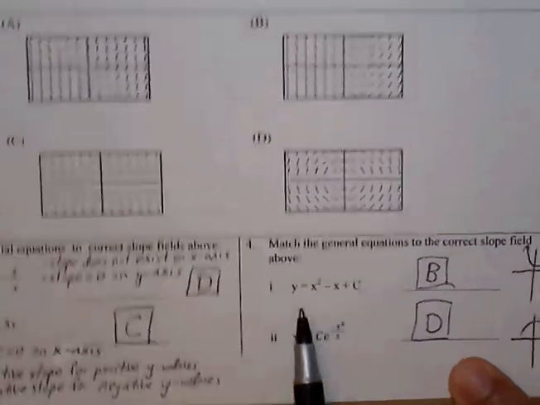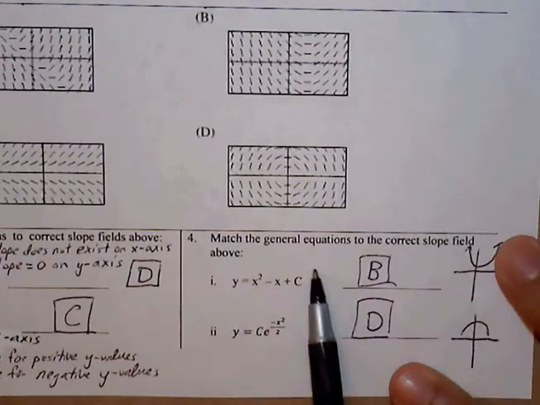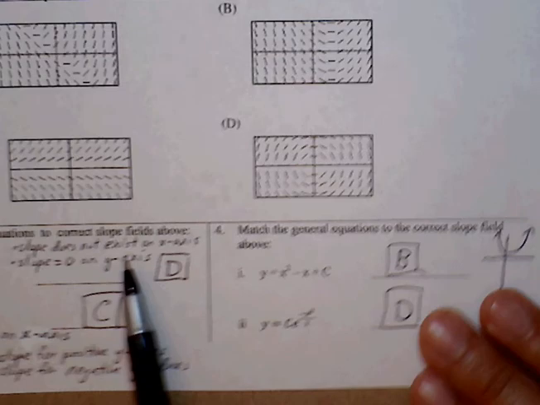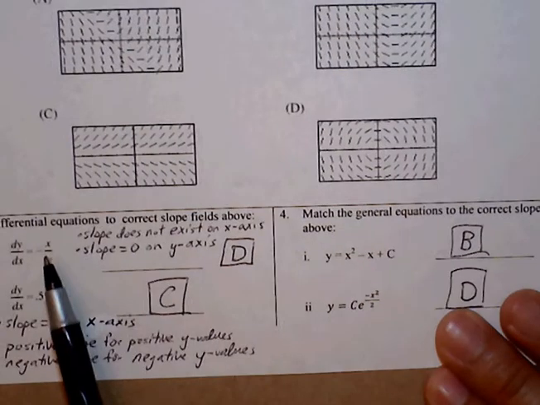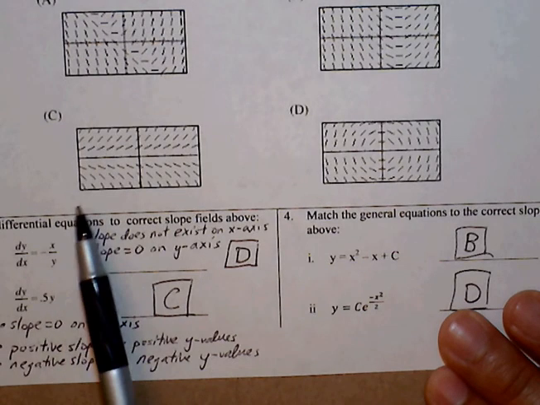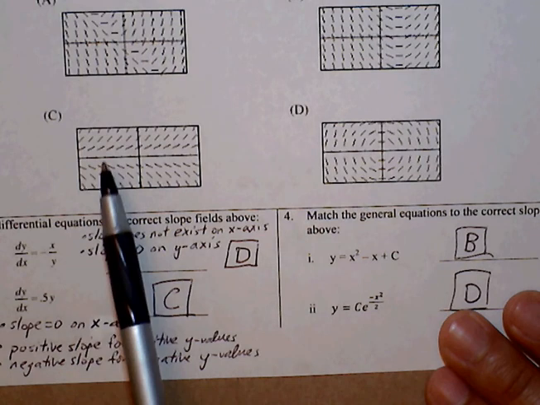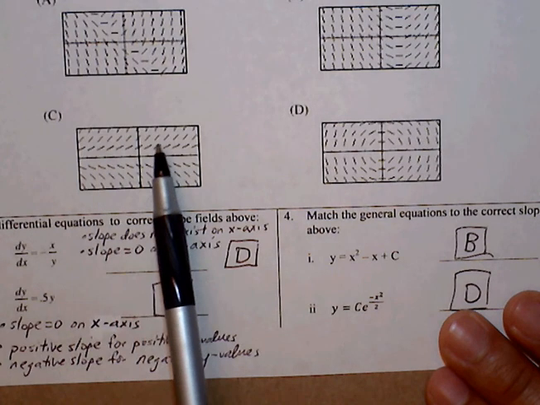Okay. Number 4, match the general equation to the correct slope field. Now, the difference here is when you're looking at the differential equation, you are finding some ordered pairs that you can test to see what the slope is.